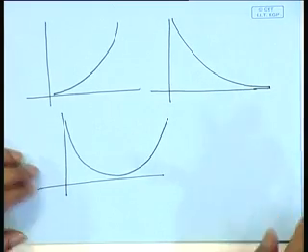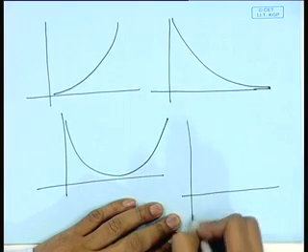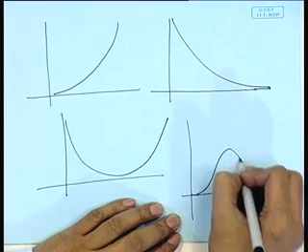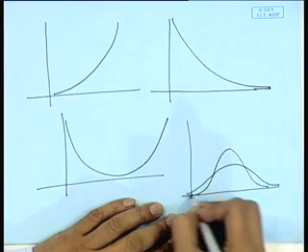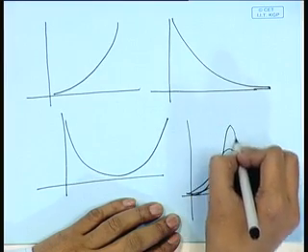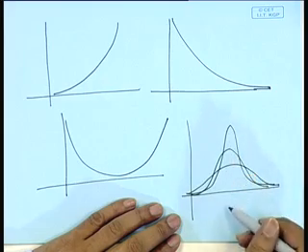So, you may also classify according to another characteristic, something like you may have a distribution of this nature, and you may have a curve of this nature, and a curve of this nature. So, this tells about the concentration of the values.